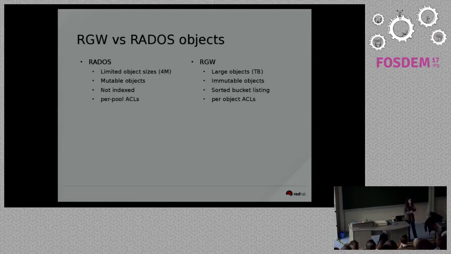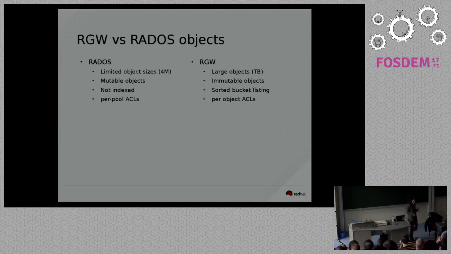It's not just to provide the REST API and match the API we have. When we look at our object for Rados and Rados Gateway, or cloud, we see some differences. So first, in Rados the biggest size of an object is 4 mega, and we're talking about cloud, so we're talking about really large objects. So we'll need some way of taking big objects and dividing them into those 4 mega size objects. Rados objects are mutable, but in cloud we talk about immutable objects.